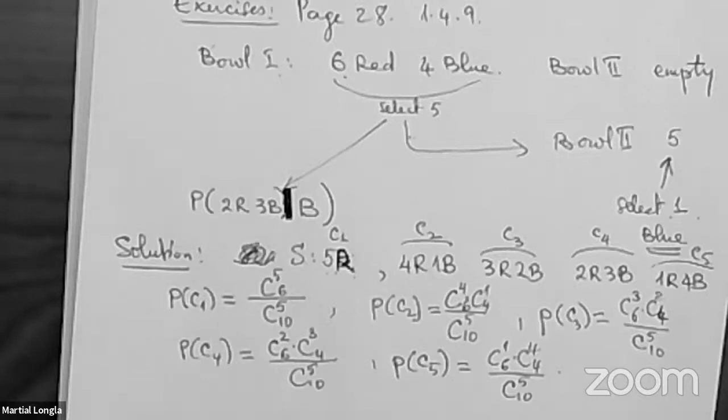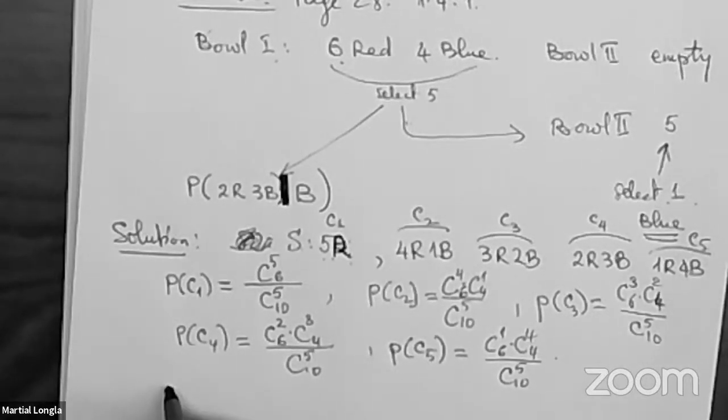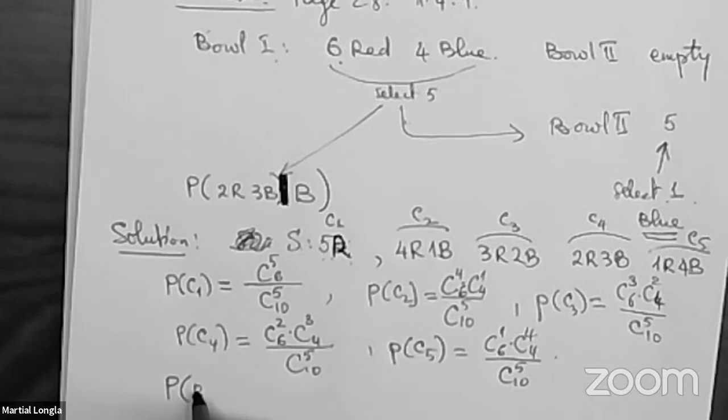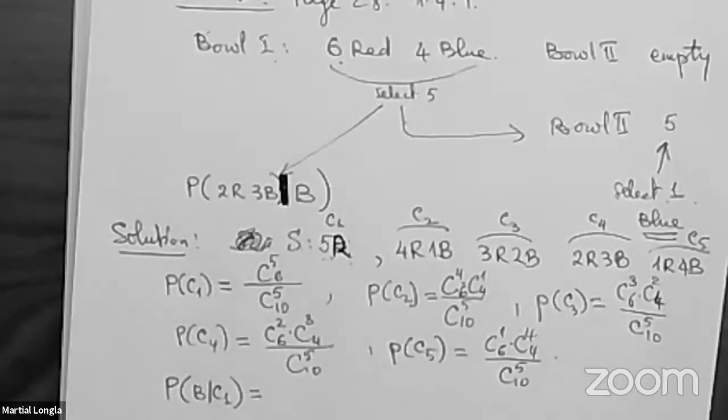Now we need to find the conditional probabilities. Given each of the cases, what is the probability to get a blue? So what is the probability of B given C1? C1 means select 5 reds.